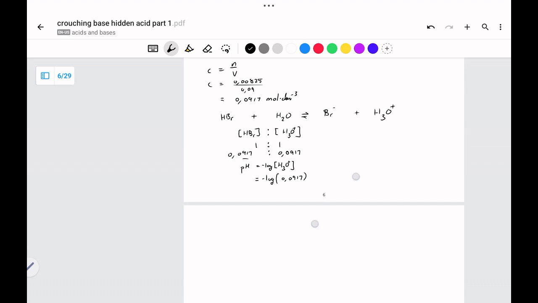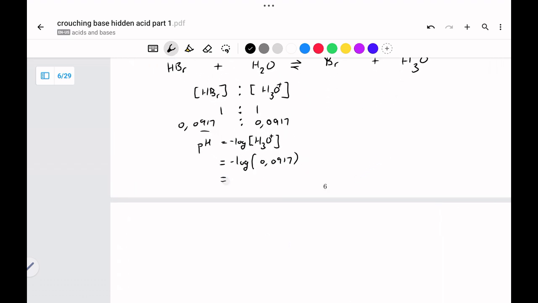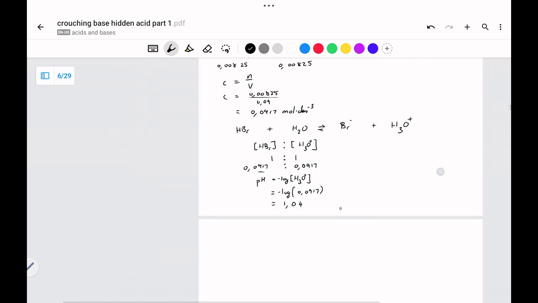And I end up with 1.3. Sorry, that's not 1.3. It's 1.04. And it's a pH, so there's no unit.